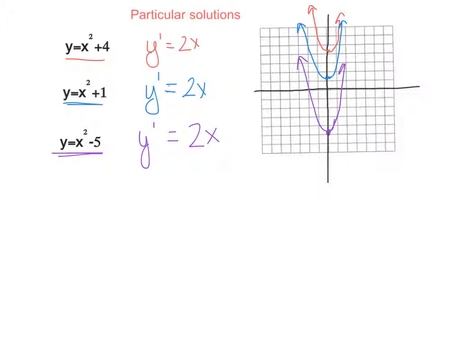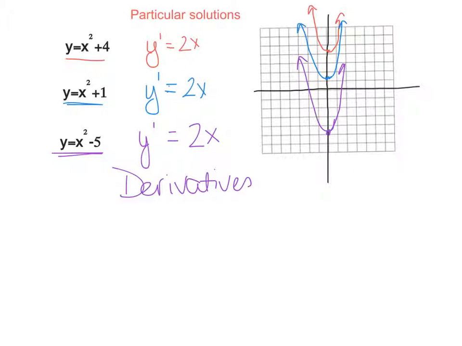Now, this is derivatives. If we think of derivatives, we know that slope. The basic slope of all three of these is the same. So they're all going to have the same derivative, the same basic slope generator anywhere.